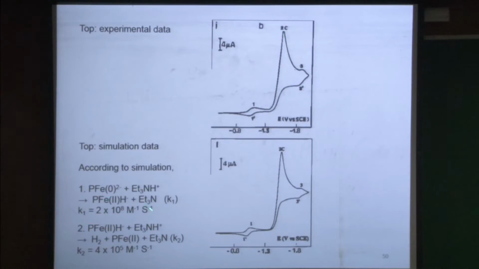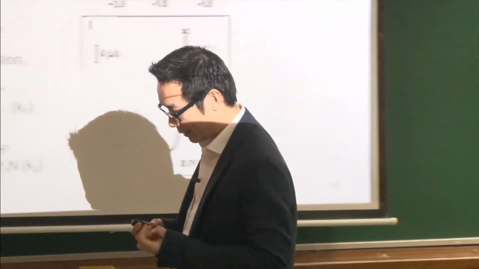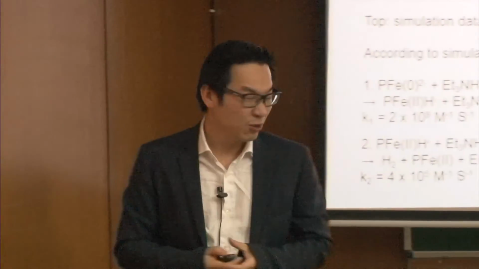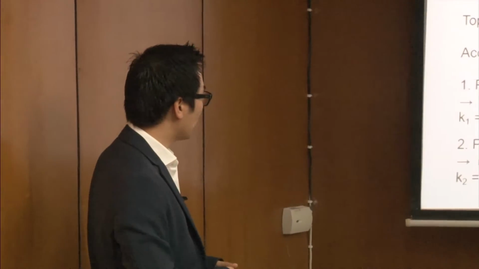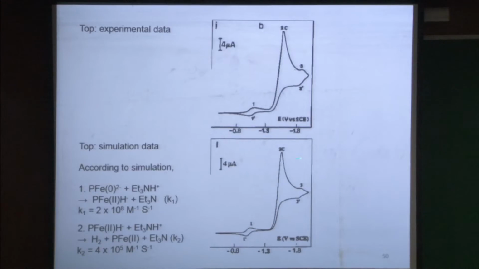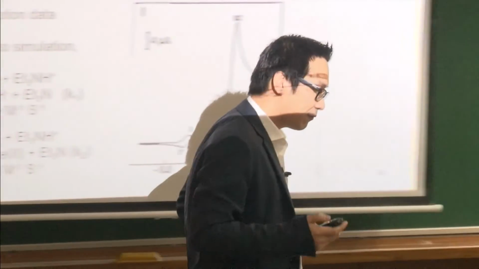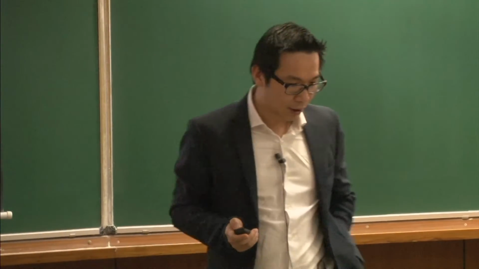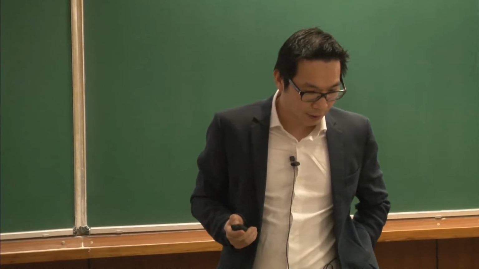And in order to get these rate constants, they use software to simulate cyclic voltammetry, and we don't have to go into details, but just to say they also get rate constants out by just simulating and fitting the experimental data.